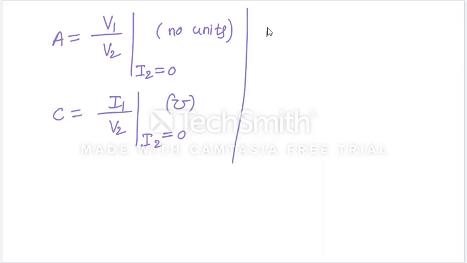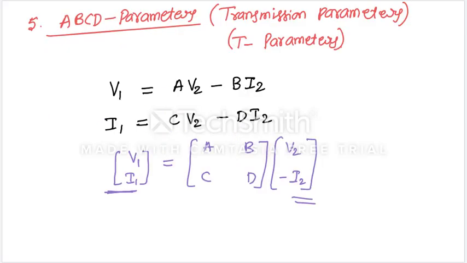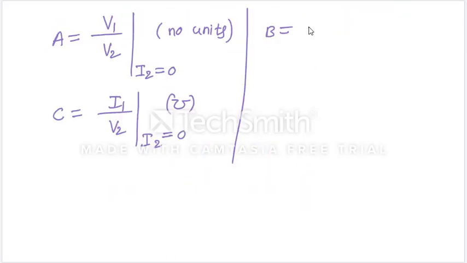Next, B is equal to minus V1 by I2 when V2 is equal to 0. The units are ohms.